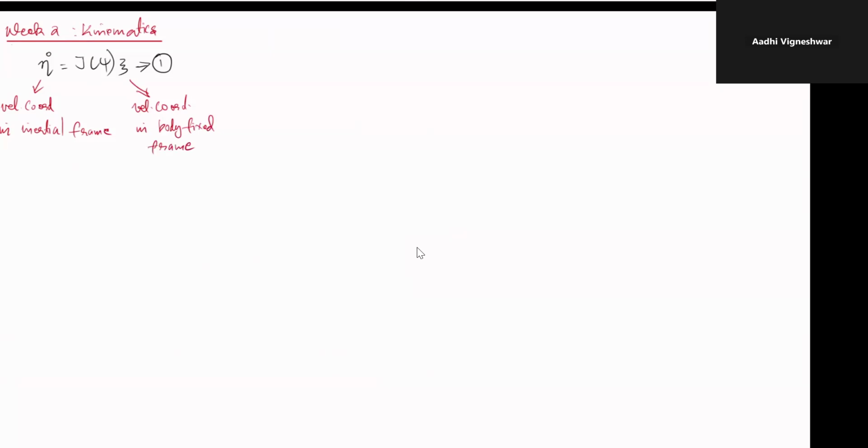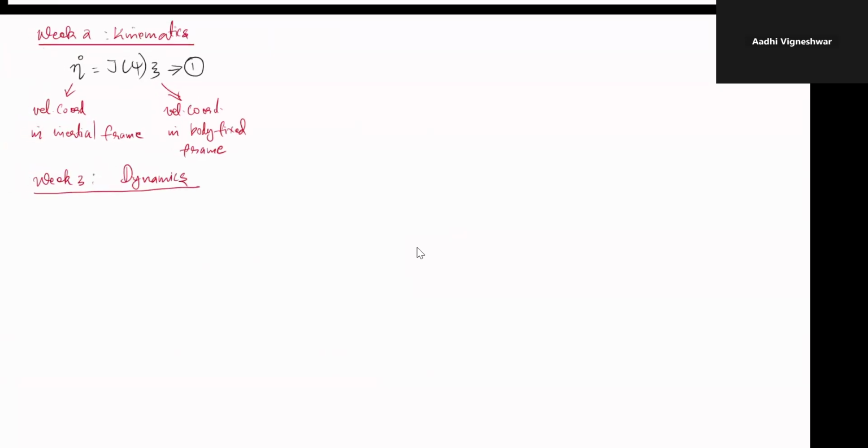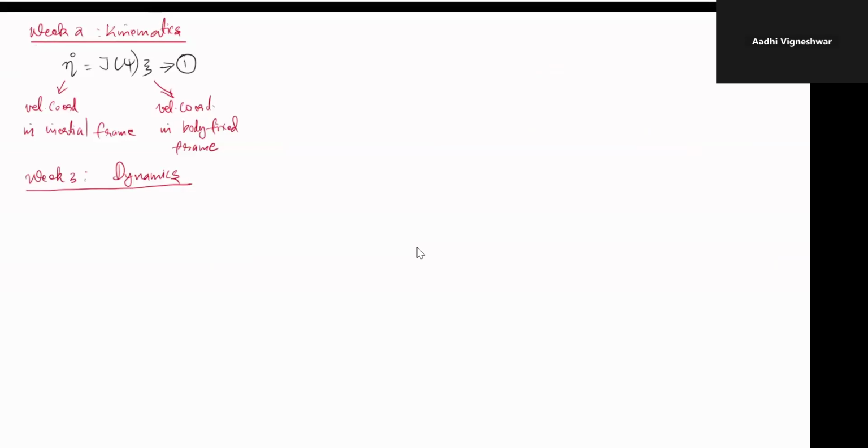Right. And then from week 3, from dynamics, we also know the governing equations of motion, which is nothing but tau as D of theta multiplied by theta dot plus N of theta, where this tau is the control input.